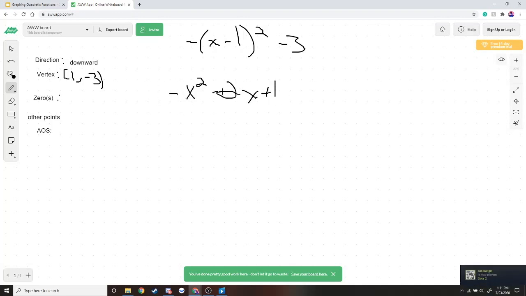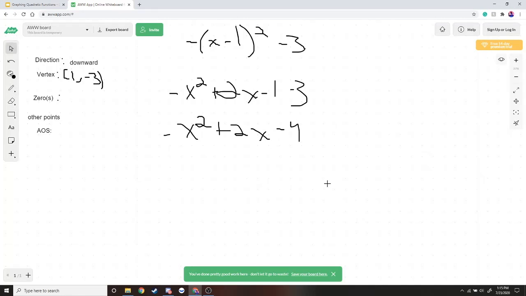And then it's multiplied by a negative, so all these signs change. So this would become minus, and then we get -3. So we end up with negative x squared plus 2x minus 4.